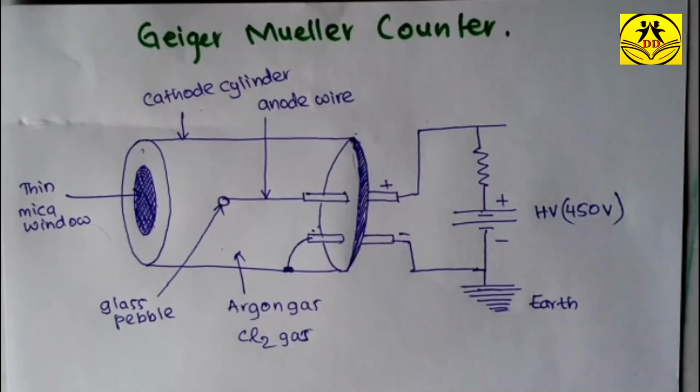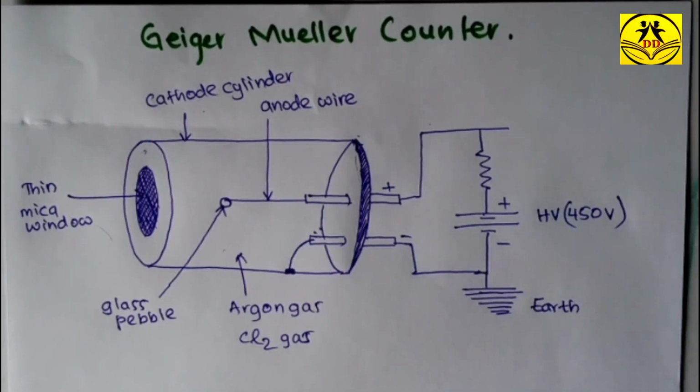Next, we're going to talk about the Geiger counter, which is a common device used to detect radiation quantitatively. It can also identify alpha particles, beta particles, gamma rays, and X-rays.